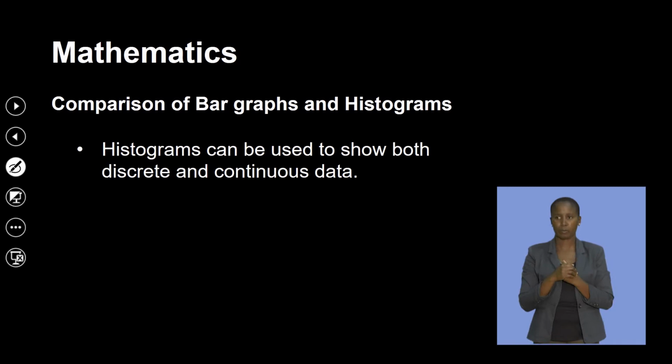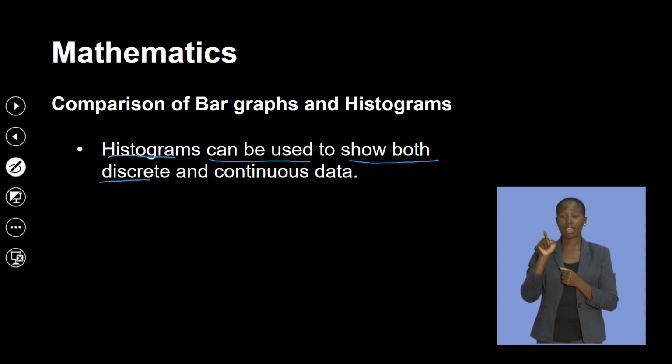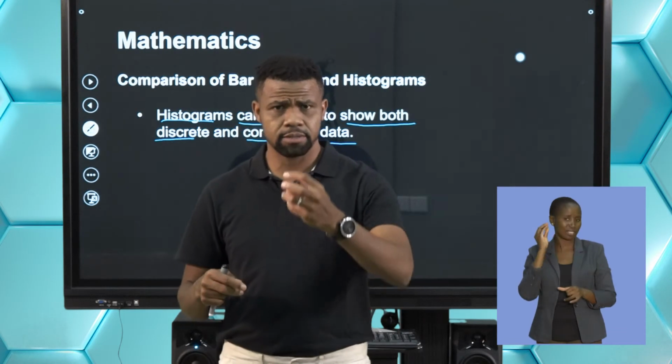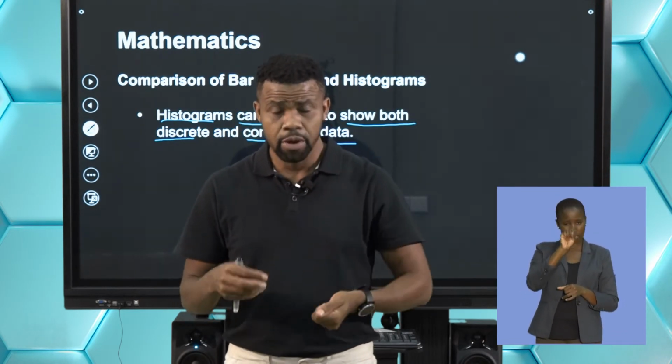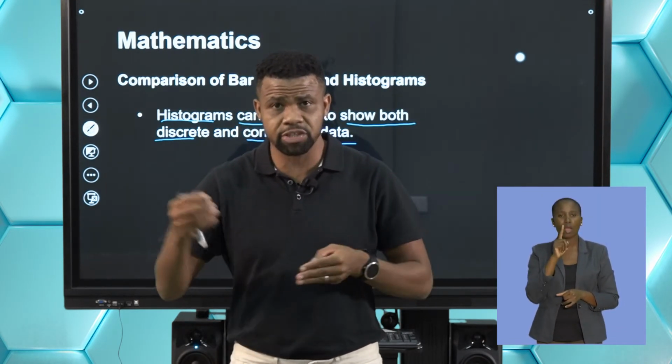Now the comparing of bar graph and histogram. A histogram can be used to show both discrete and continuous data. Remember that discrete is specific values, like the flip of a die where I can get 1, 2, 3, whereas continuous can take any value, like temperature.